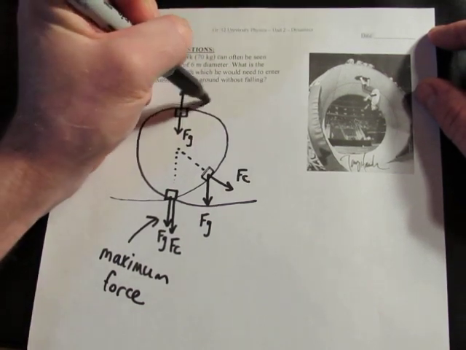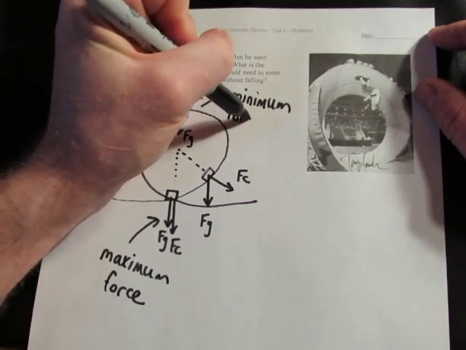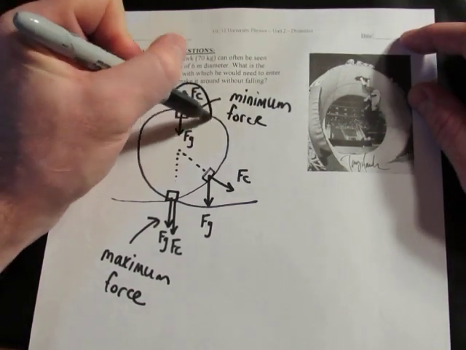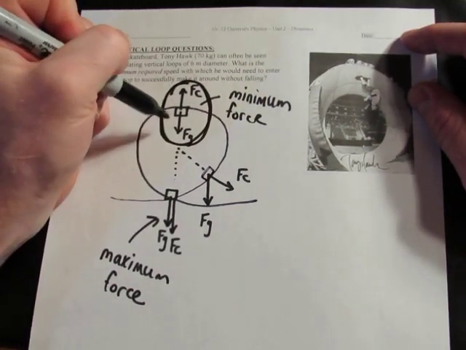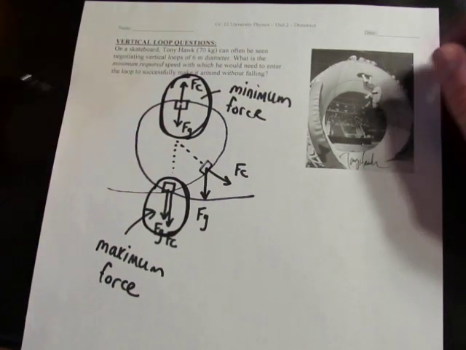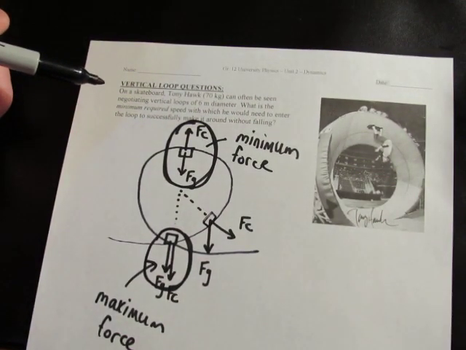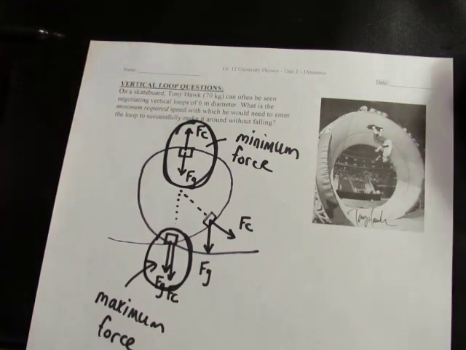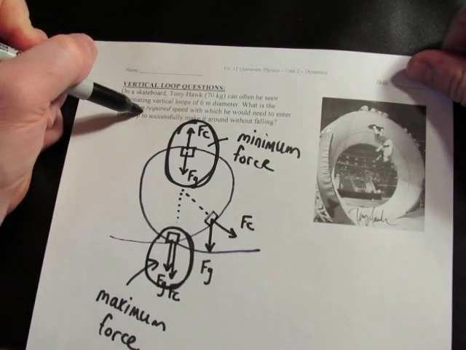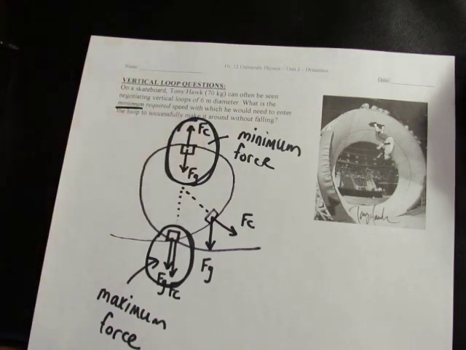And this is where you have your minimum net force. So these are two important positions: the 12 o'clock position at the very top and the 6 o'clock position at the very bottom. All right, this looks like a bit of a mess, but if you read the question again, it says you have a 70 kilogram mass going around a loop. What's the minimum required speed that you would need so that you could get all the way around the loop without worrying about falling off?